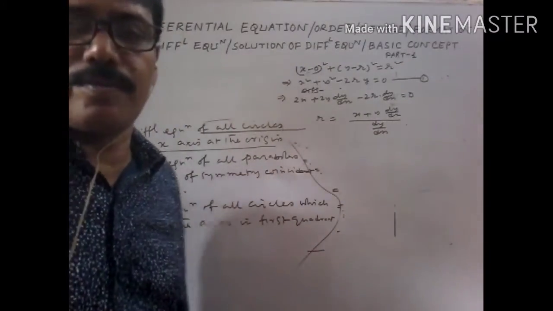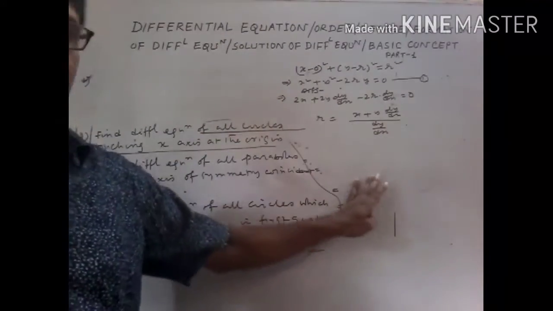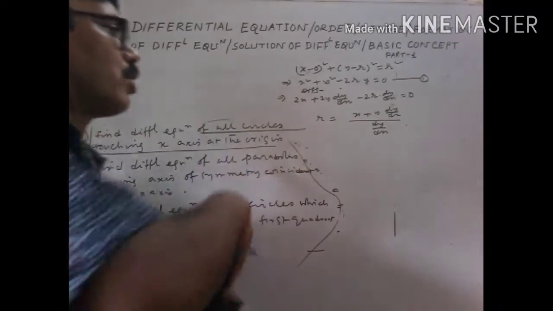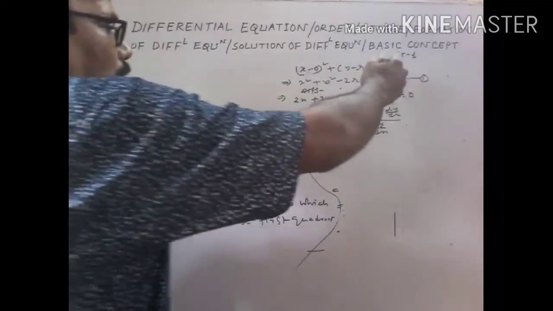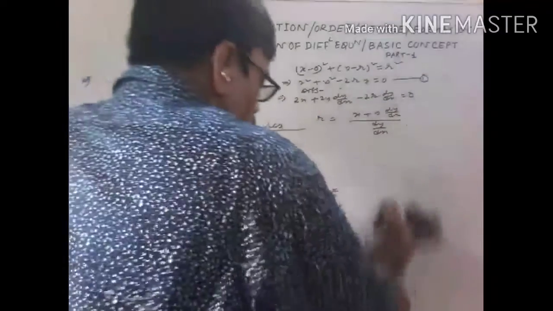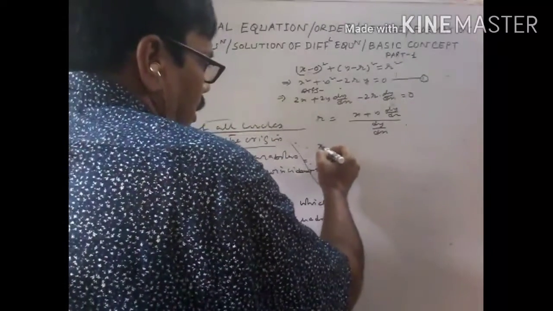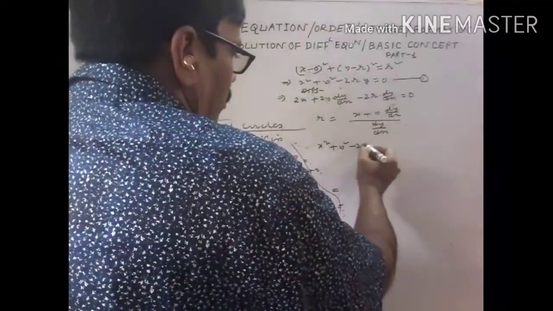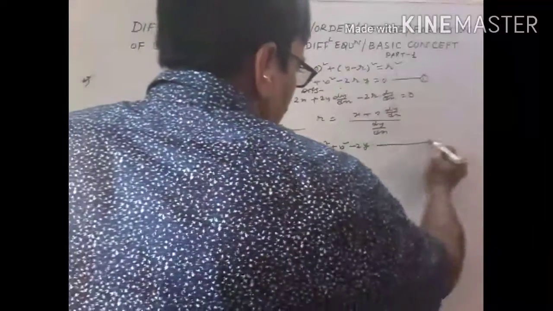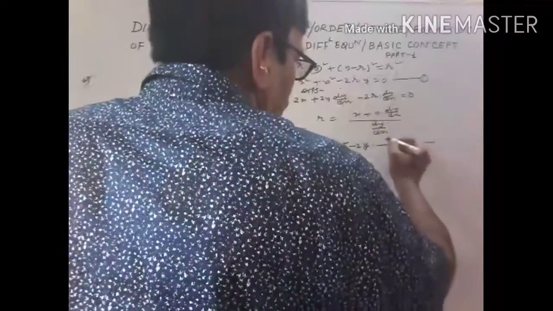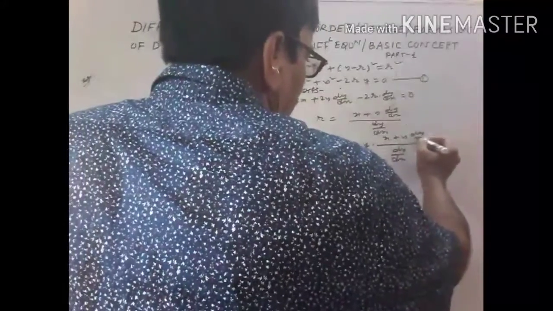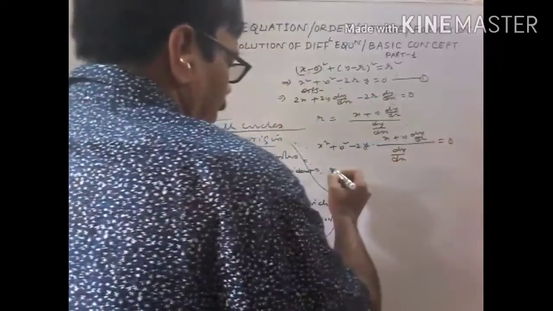So this is r. So one time differentiation is permissible. So put the value of r to eliminate r from 1 and 2. So if we put the value of r, what are we getting? X square plus y square minus 2y into (x plus y dy dx) by dy dx equals 0.